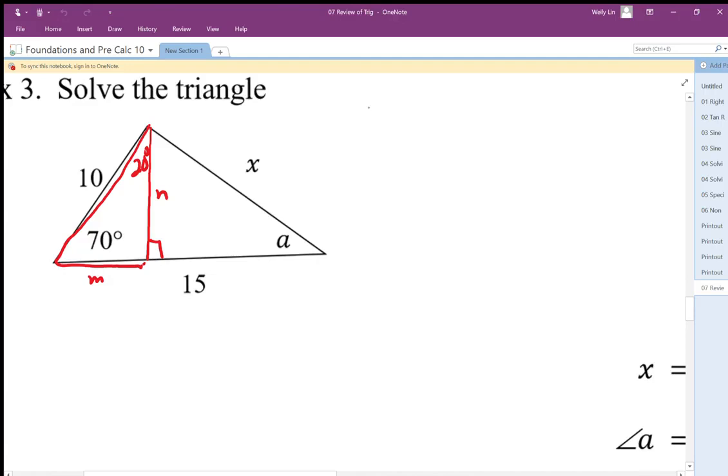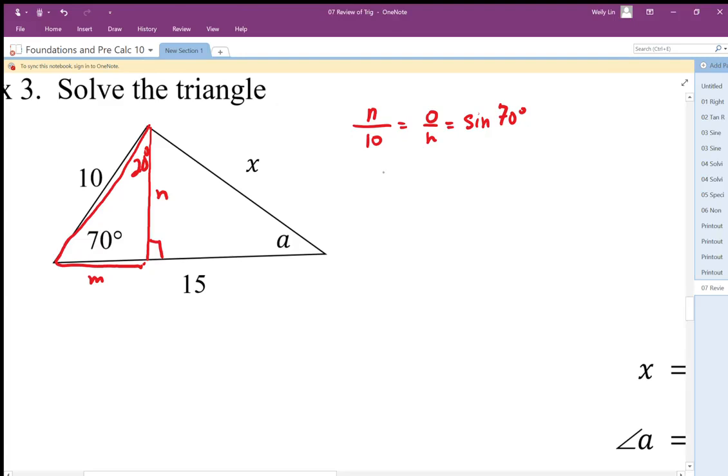I'm going to use the opposite of 70 and the hypotenuse. Opposite over hypotenuse, so we're going to use sine. So N over 10 is opposite over hypotenuse, and that's sine 70. I need my calculator to get sine of 70 degrees, because I don't know that ratio off the top of my head.